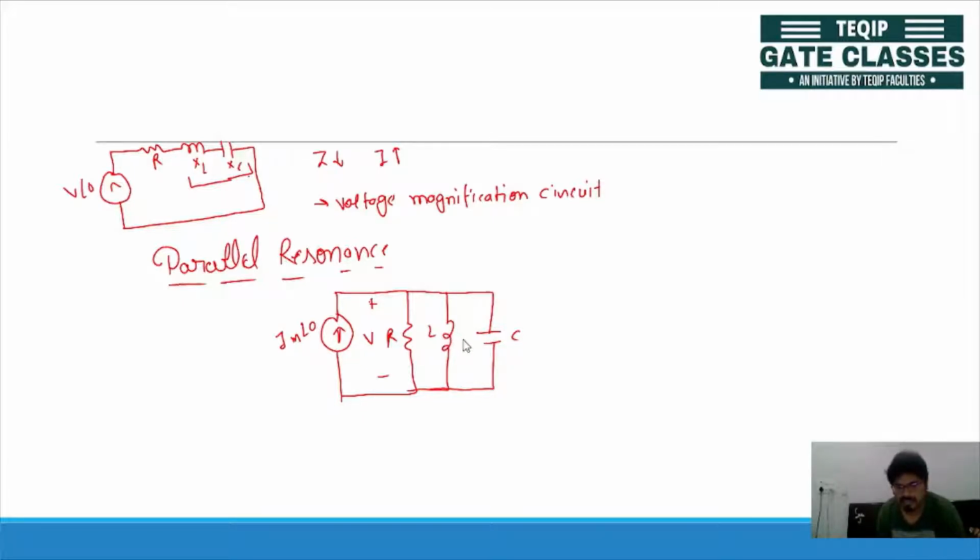Because if admittances are connected in parallel, we can combine them directly. If we have admittances Y1 and Y2 in parallel, the equivalent admittance Y will be directly equal to Y1 plus Y2.